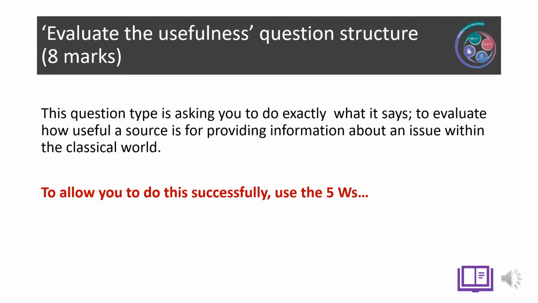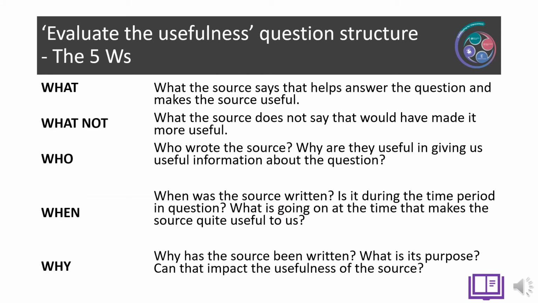Now, to allow you to complete your evaluate the usefulness question successfully, you will be using the 5 W's. Your 5 W's for evaluate the usefulness questions: what, not, who, when, and why.